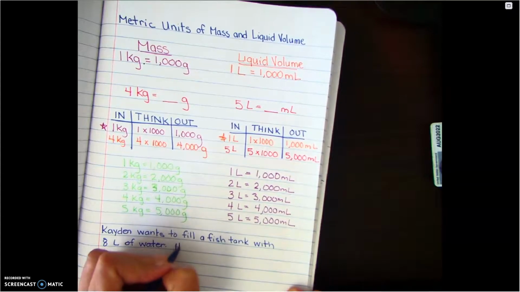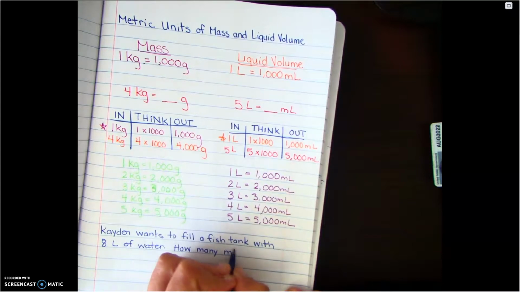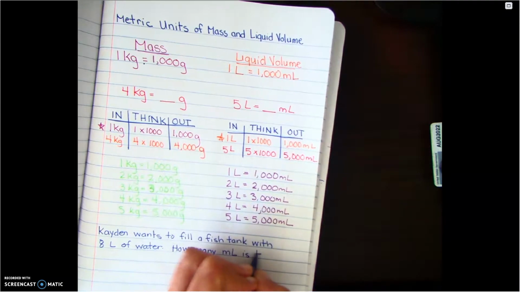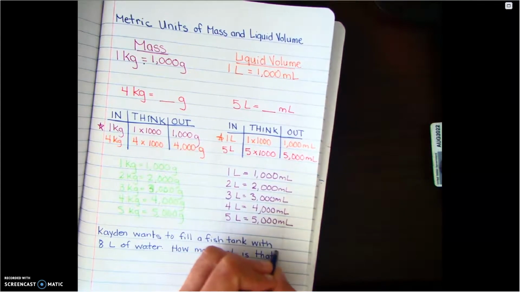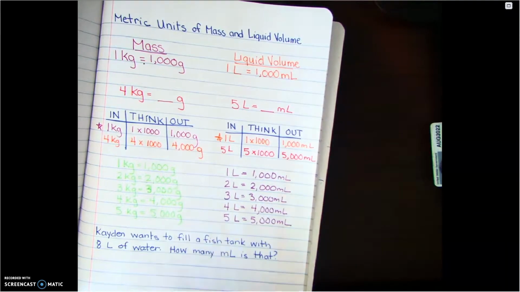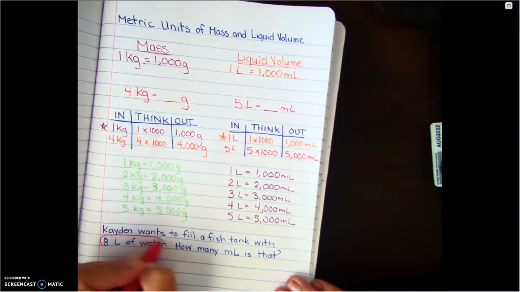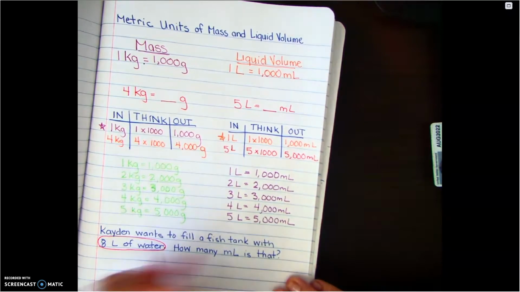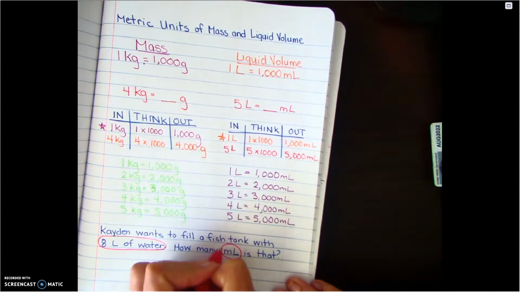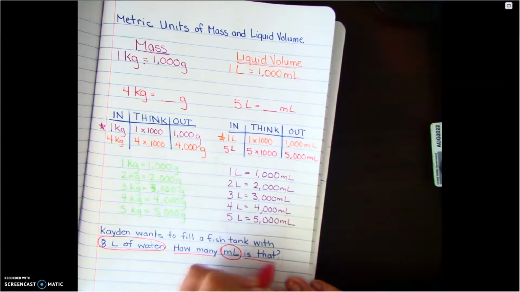How many milliliters is that? Okay, so this is a story problem, so we're going to go back to cubing. Important thing is we need 8 liters of water, and we want to know how many milliliters that is. And then our question we've got to underline. You don't have to write this story, you can just watch this part.